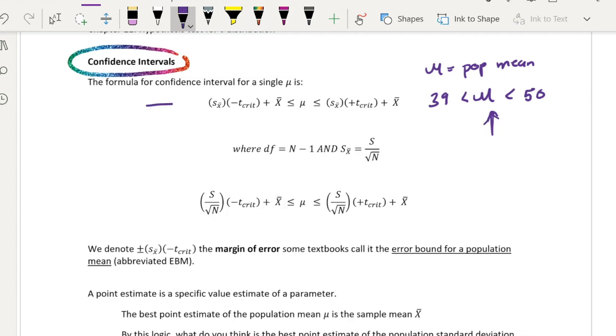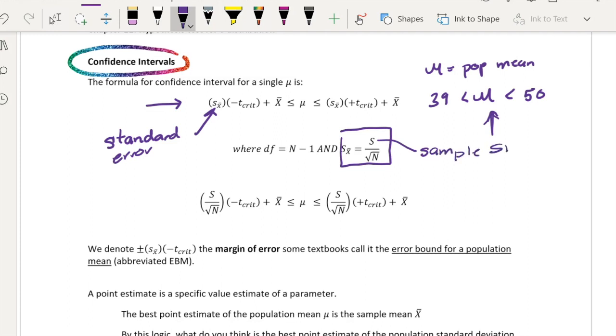So let's look at this formula. This little s of x is basically the standard error. And it represents the sample standard deviation over the square root of the sample size.